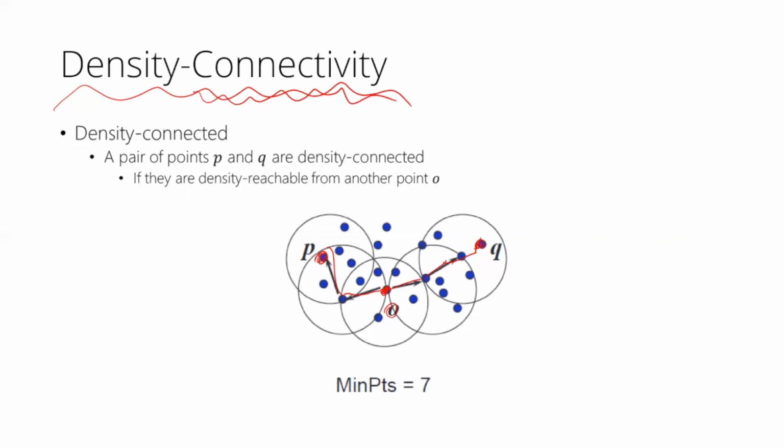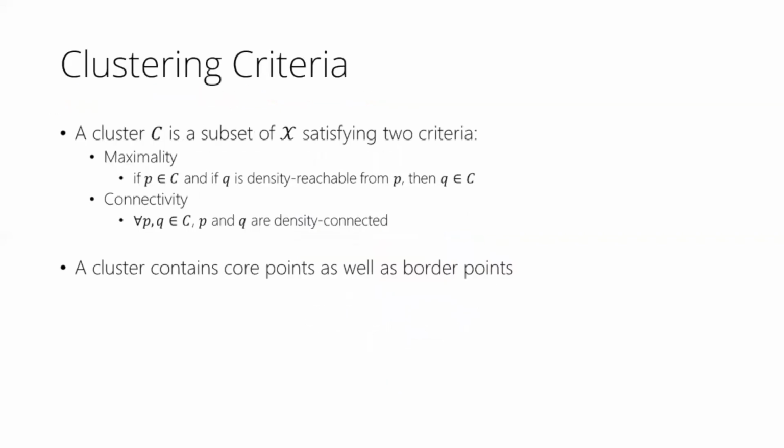So simply speaking, in a nutshell, the DBSCAN algorithm is an algorithm that finds the groups that are density connected. Okay. So here is the clustering criterion. Like I just said, a cluster C is formed when the points are density connected. We can further break it down into a maximality condition and a connectivity condition, but it's basically saying the same thing.